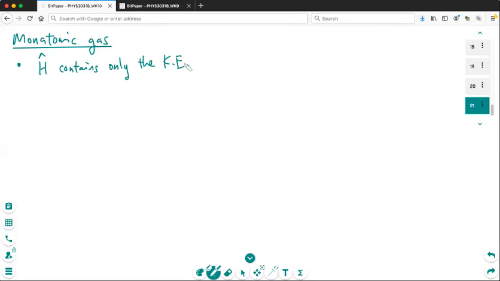And the kinetic energy has the form of translational kinetic energy, p squared over 2m. So this is translational. Therefore we have actually already solved the problem for this monatomic gas.